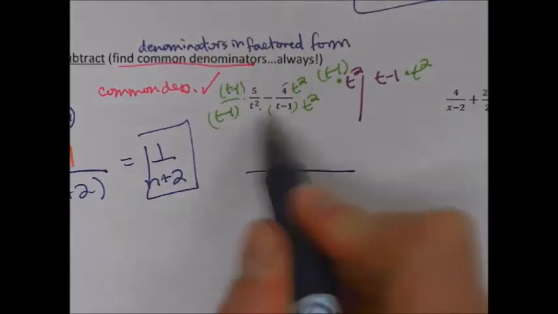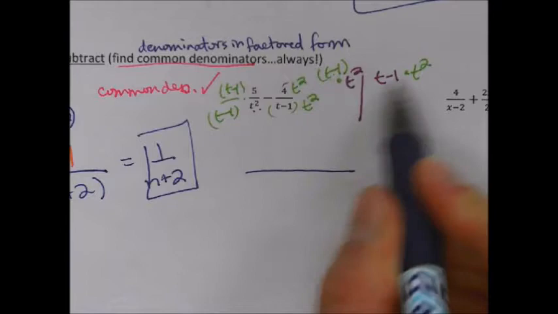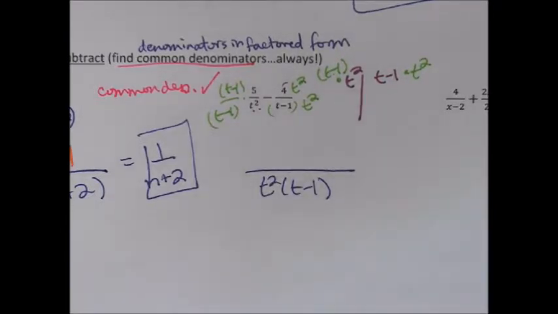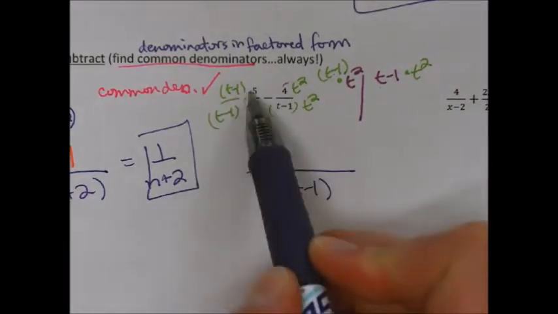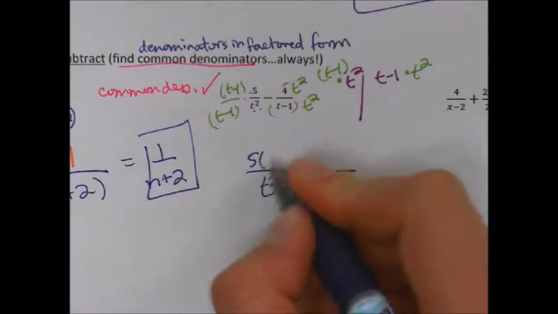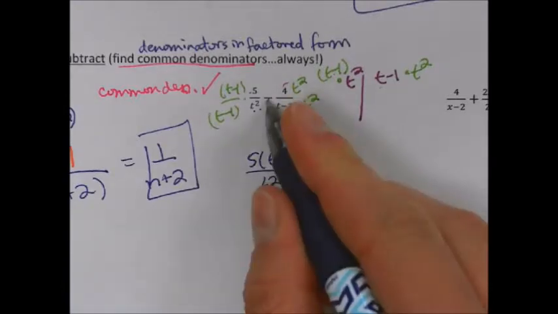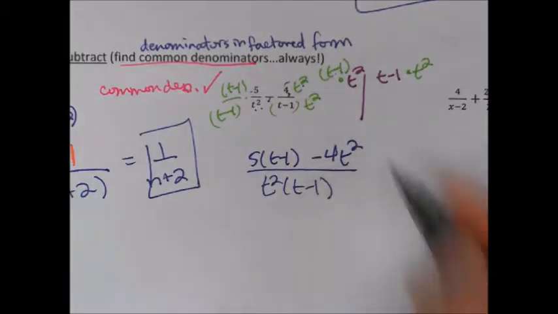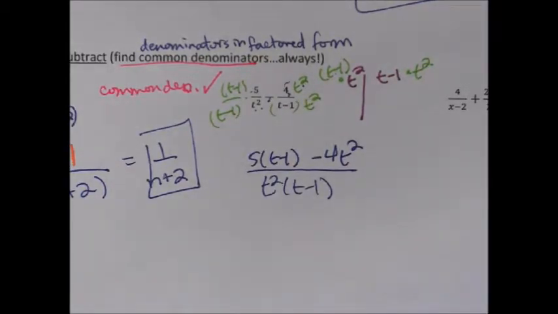What's our common denominator? t squared times t minus 1. This fraction, I get 5 times t minus 1 minus 4 times t squared. All right, we can distribute.